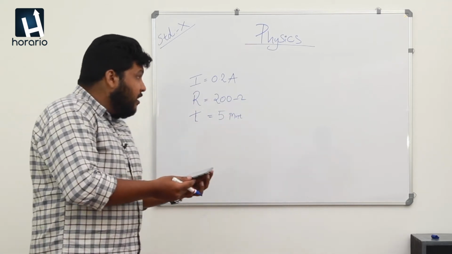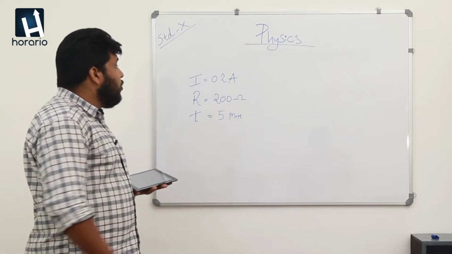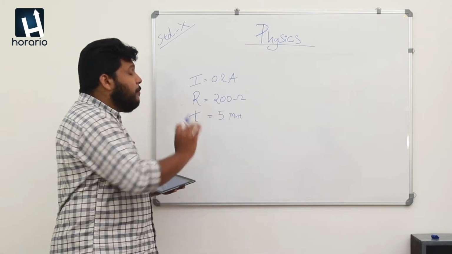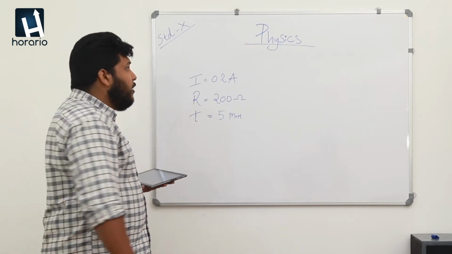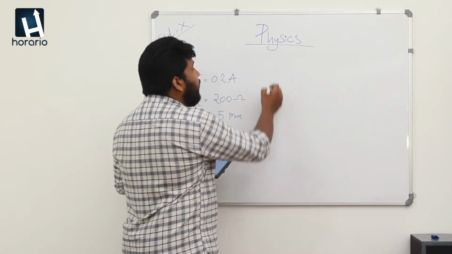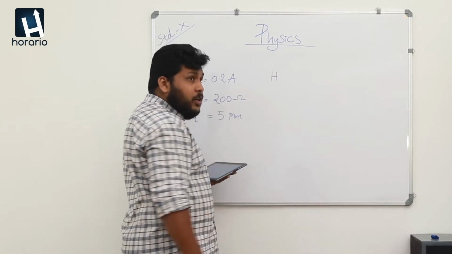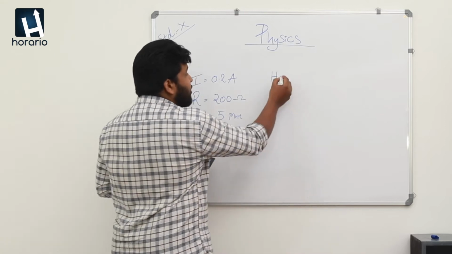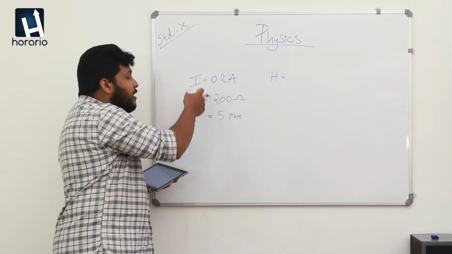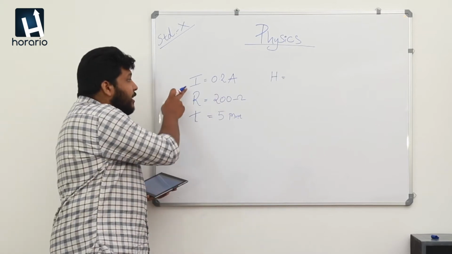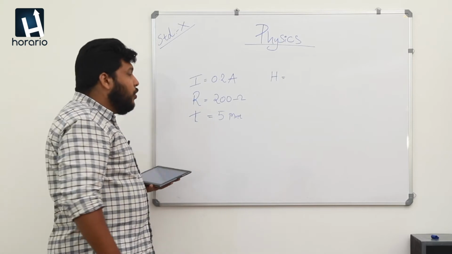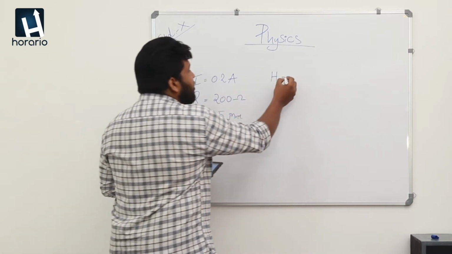The question wants to find the heat energy developed in this circuit. For finding heat energy in a circuit, we can use three equations. First of all, we note the given data: current, resistance and time.